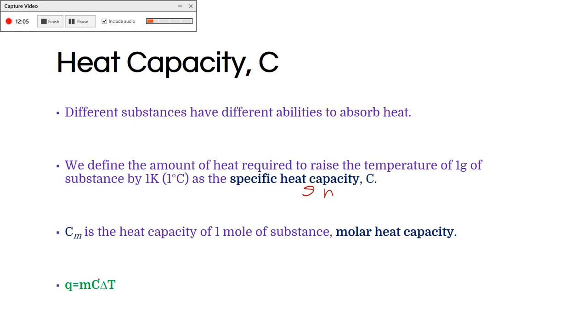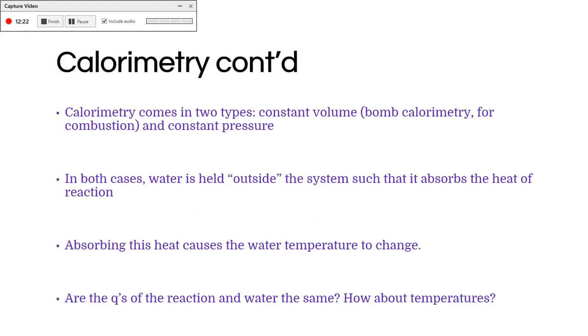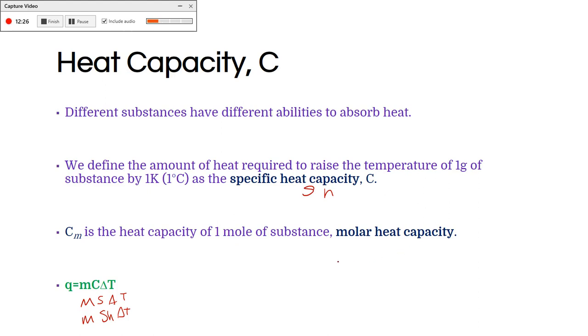The formula could be Q equals m C delta T, or Q equals m s delta T, or m SH delta T, like that. So it comes in a couple of different ways, but it's the same quantity either way. And so heat capacity for water is one of the most important quantities in the world.